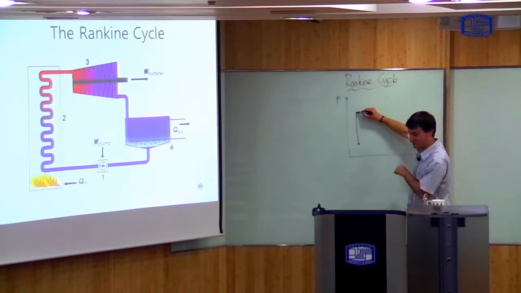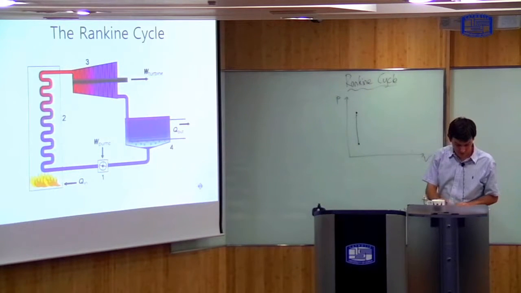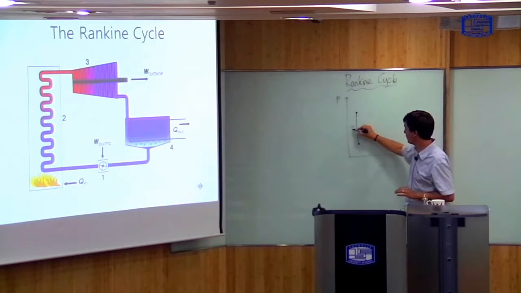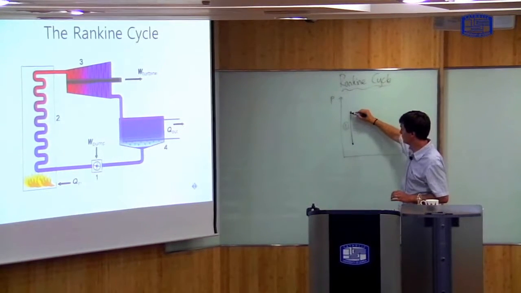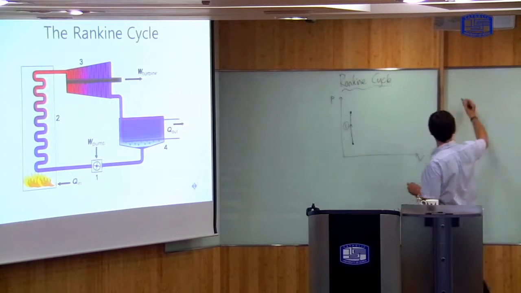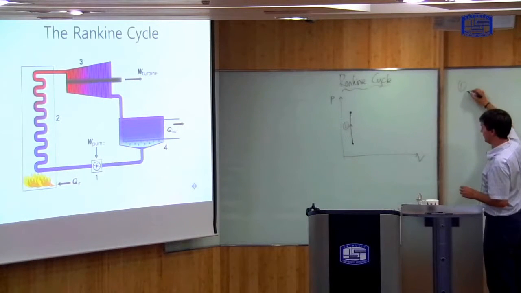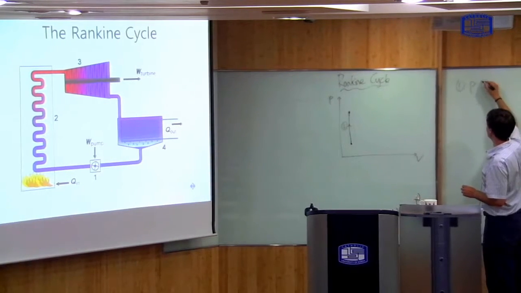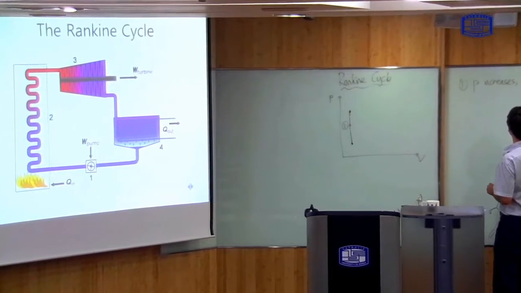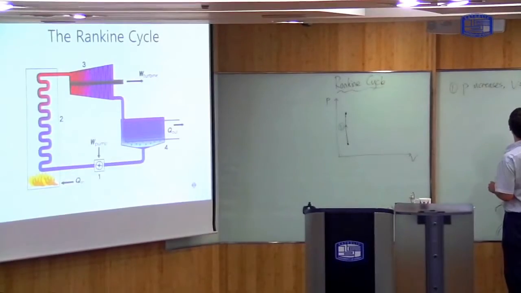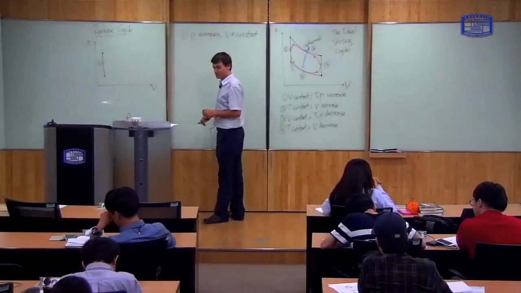Okay, so you get a graph which looks like this. So that's stage 1 here. So if I write this in stage 1, the P increases because of the pump, and the volume is approximately constant because liquid water is nearly incompressible.